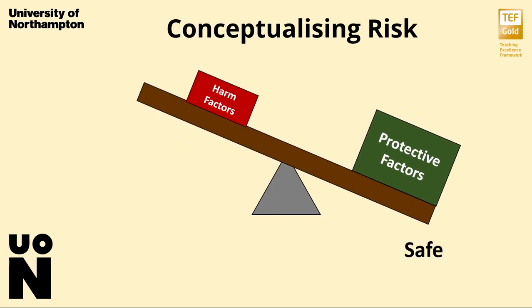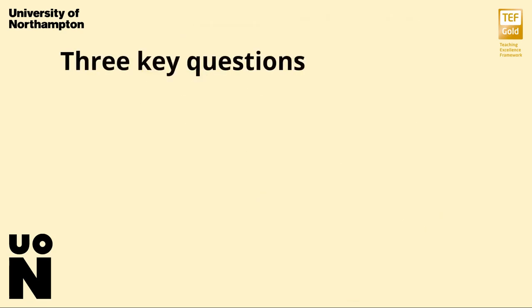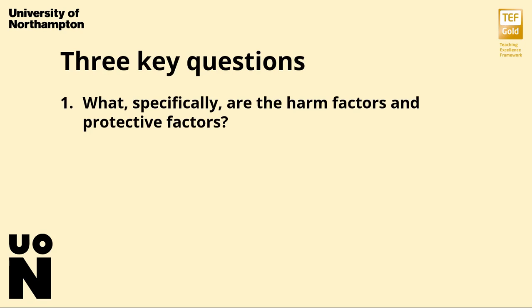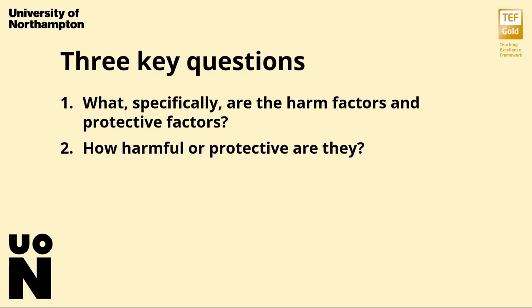This means that when it comes to managing risk, we need to ask three key questions. The first is what, specifically, are the harm factors and the protective factors? What are we worried about? What are the things that mean we're not as worried as we might be? Secondly, we need to ask, how harmful or protective are these factors?